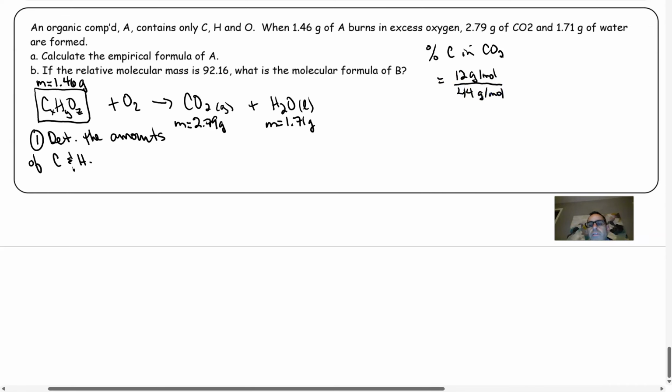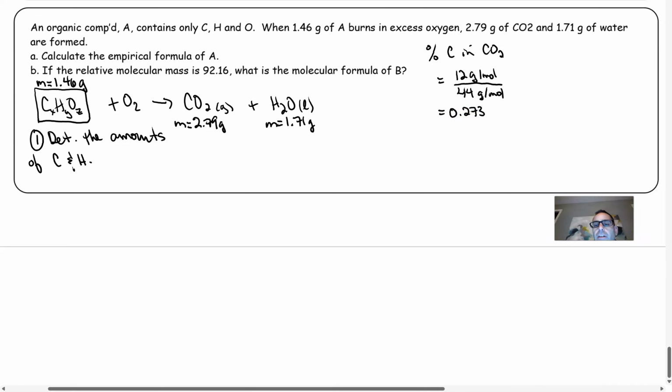I'm not going to bother multiplying by 100, because then I'd have to divide out by 100 again. So 12 divided by 44 is 27.3%, so I get 0.273, rounding to the third decimal place.